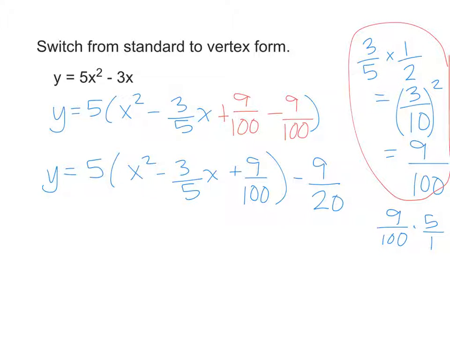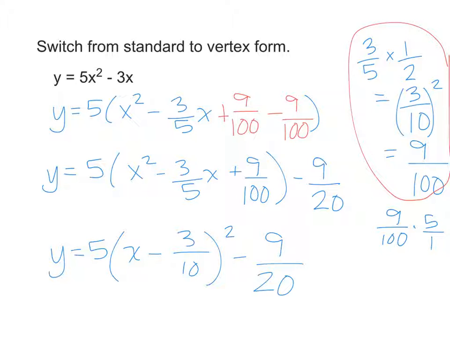The good thing is we don't have to go through decomposition to factor this thing, because that would be a mess. We just factor it using the shortcut for perfect square trinomials. So it becomes y equals 5, and then x, it's negative because the middle term is negative, and then the square root of 9 over 100. Square root of 9 is 3, square root of 100 is 10. So it's 5 times (x minus 3 over 10) squared minus 9 over 20.